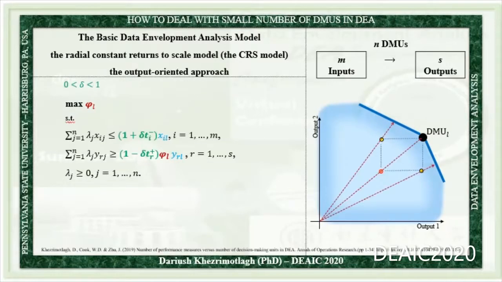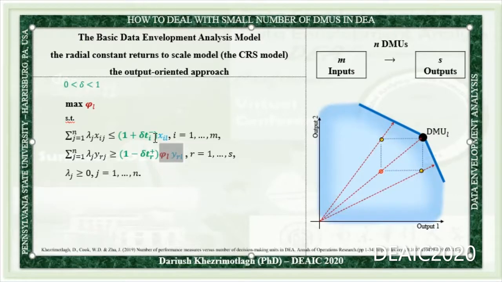What we propose is that corresponding to DMU L, we define the neighbors which are introduced by a proportional change in the variables of DMU L, as can be seen from the model. Here T i minus and T r plus can be 0 and 1.